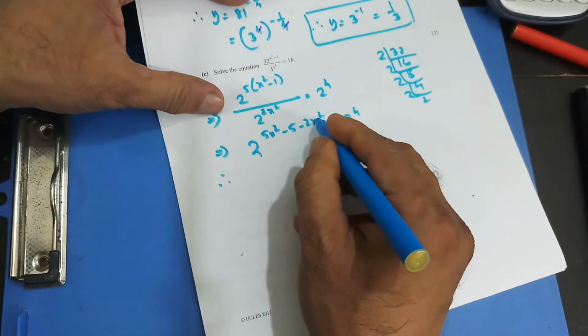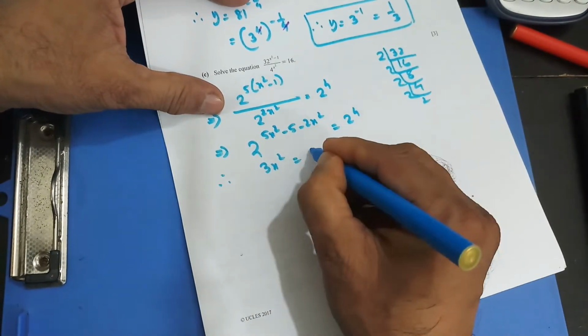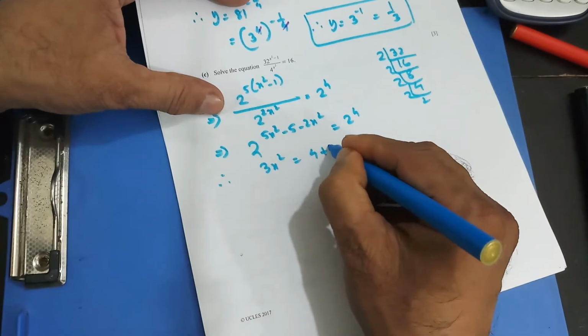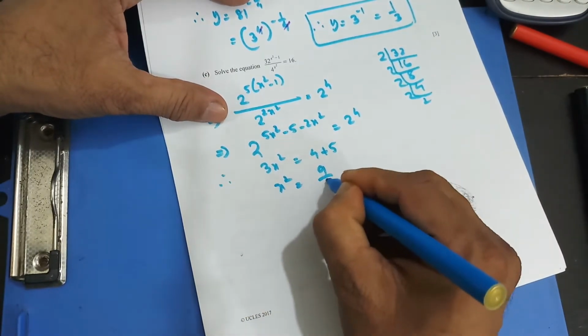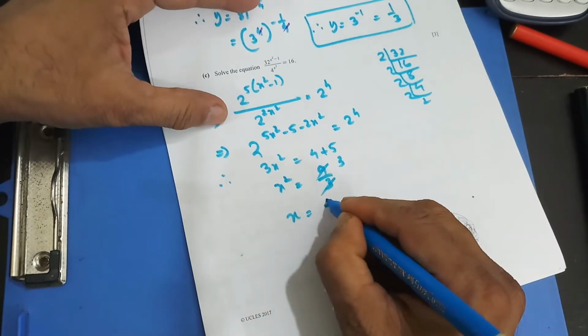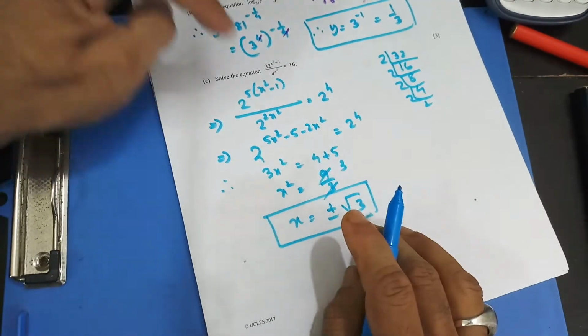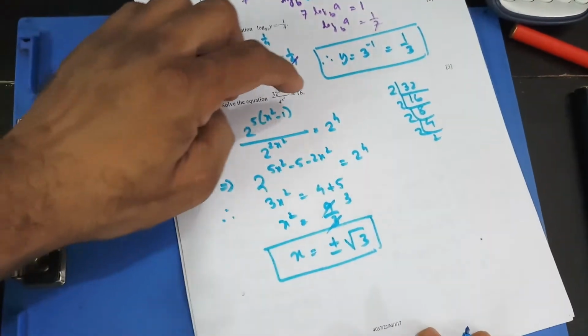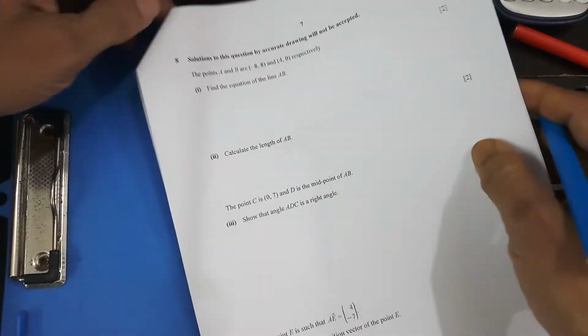Therefore 5x squared and 2x squared, that's going to be 3x squared, and over here is 4, and 5 goes there as plus 5. So x squared is 9 by 3, cancel the 3. So x is plus or minus square root 3. Both answers would give me the same answer, 16, over here. So this one is done.